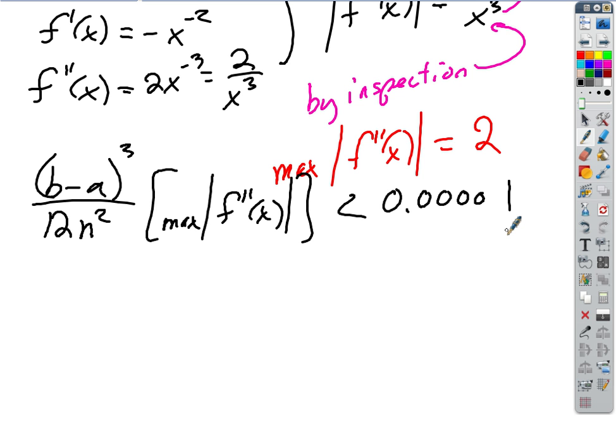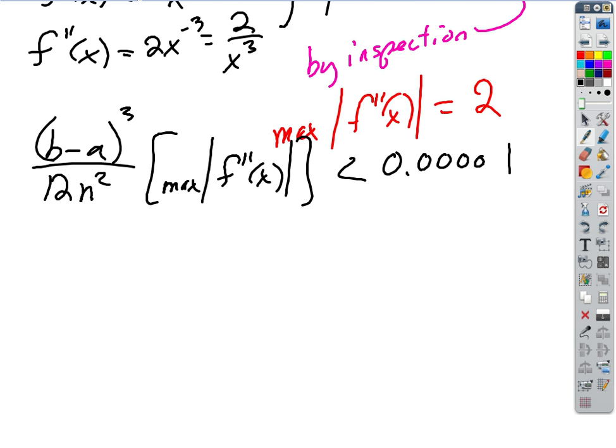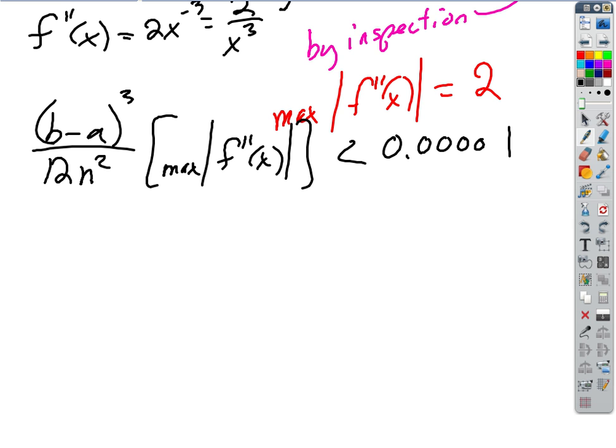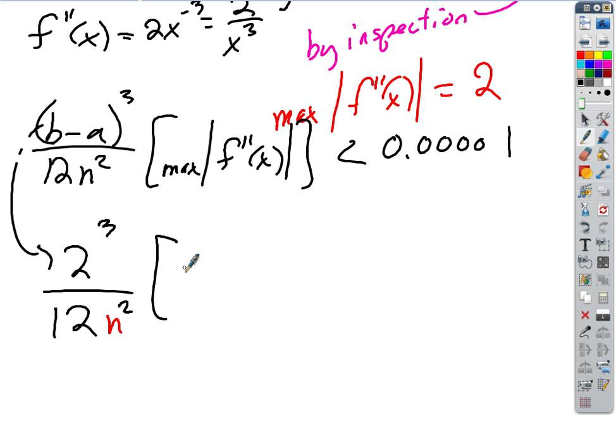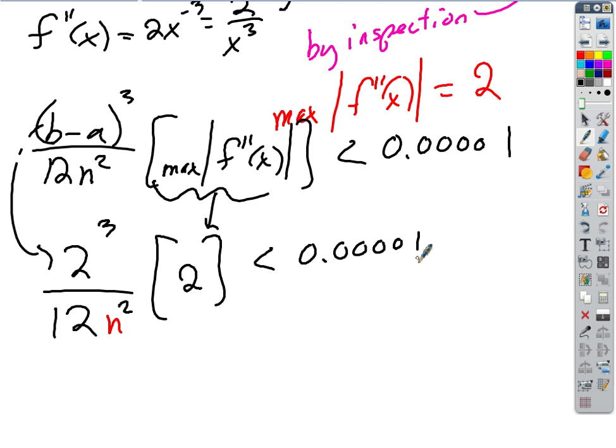That's our allowable error. So if we plug in all the particulars, 3 minus 1 is 2, right? See where we're going with this? So that becomes a 2. On the bottom we get 12n squared, and then this whole thing right here just became 2, exactly. Right? Now we're getting it, okay?